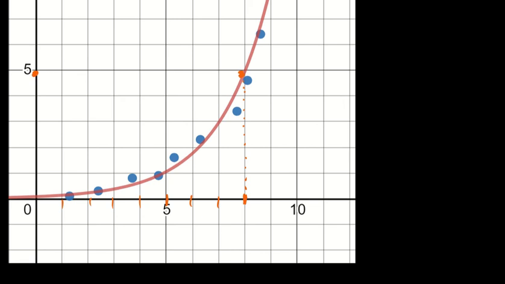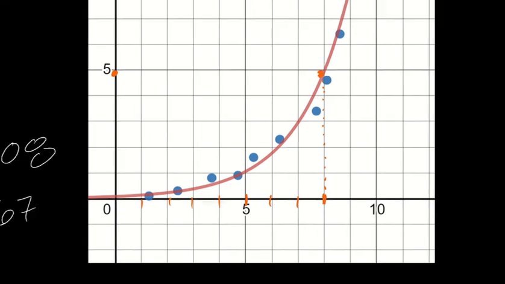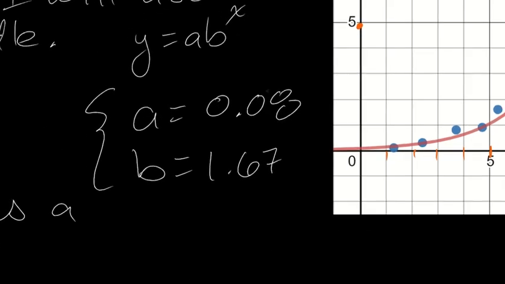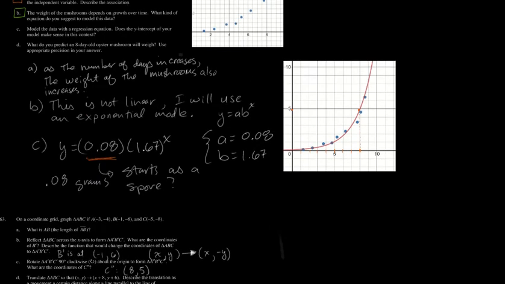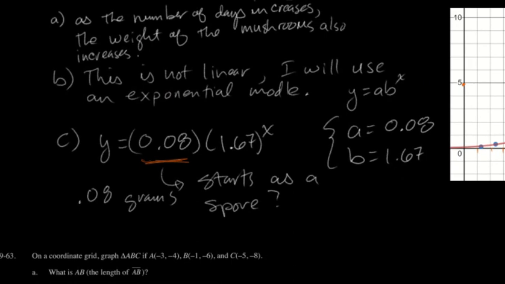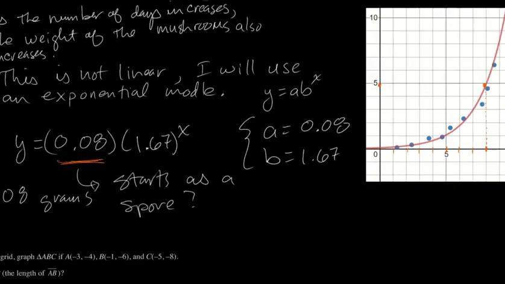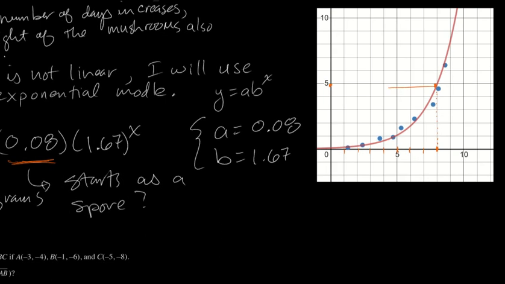And in fact, when I did this on the TI calculator, I basically looked at the graph and I asked it to trace it. And when I hit trace and I typed in the value 8, it gave me 4.95. So I'm thinking in terms of appropriate precision, we probably should say that the weight at day 8 would be about 5, right? Again, if I just follow this line over, it's very close to 5.